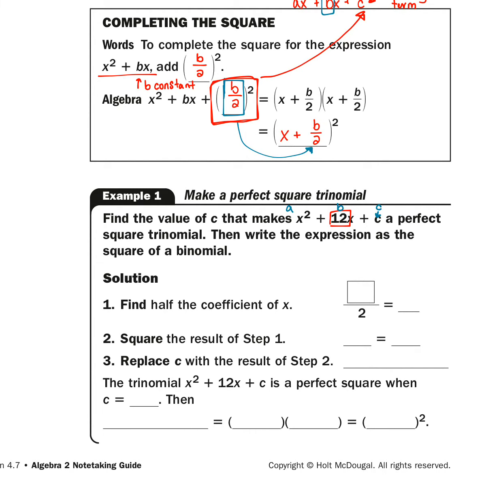We're going to take 12 and divide it by 2, which gives us 6. And I'm going to put a star by 6 because when we complete the square properly, it gives us our initial, our middle, and our final answer right off the jump. So just remember this 6. You'll see it again later.